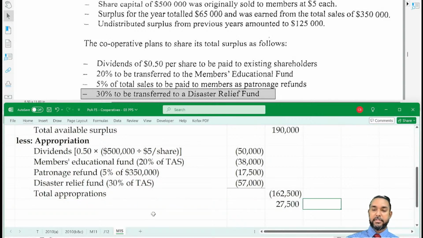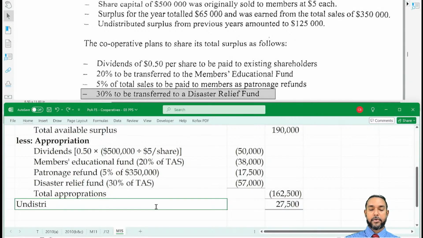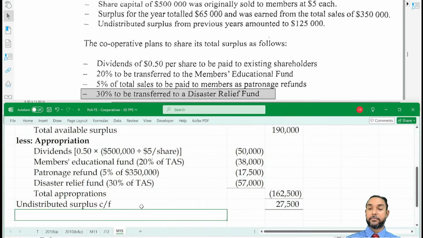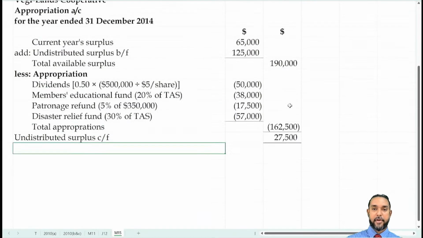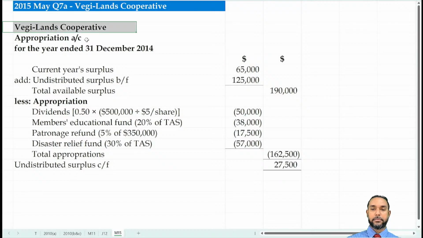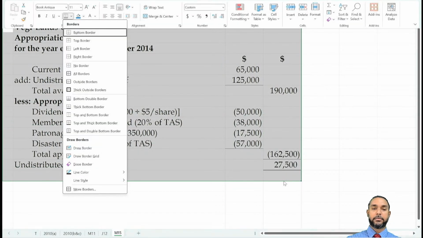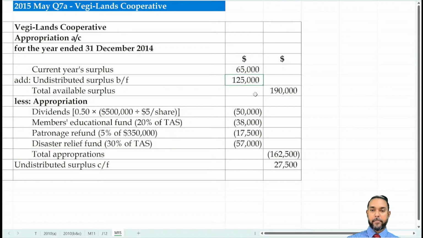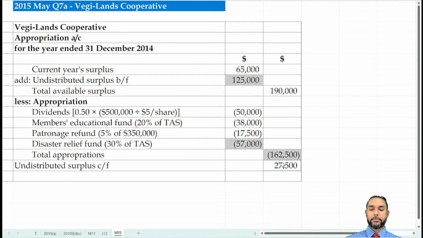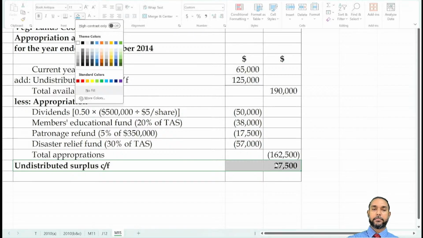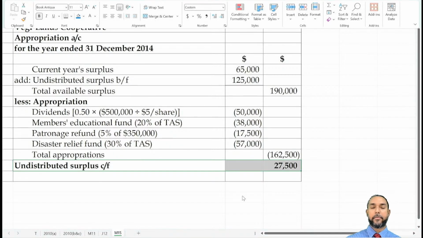And 27.5 is the undistributed surplus carried forward. Okay, so I'll maximize this. I'll highlight it for good measure.